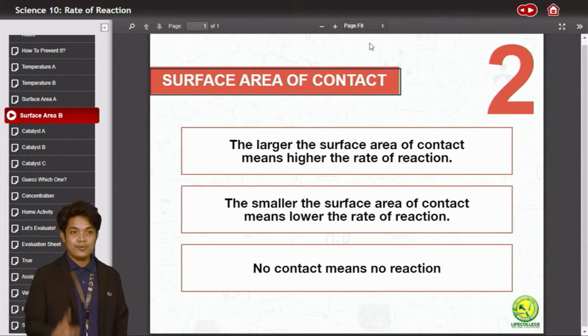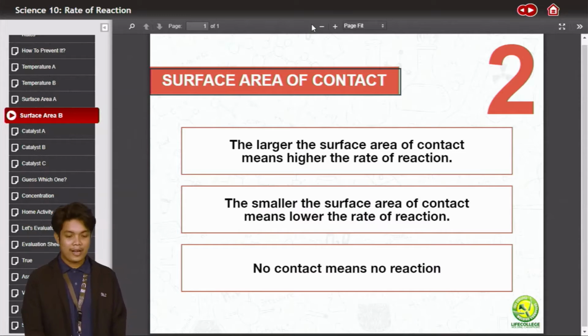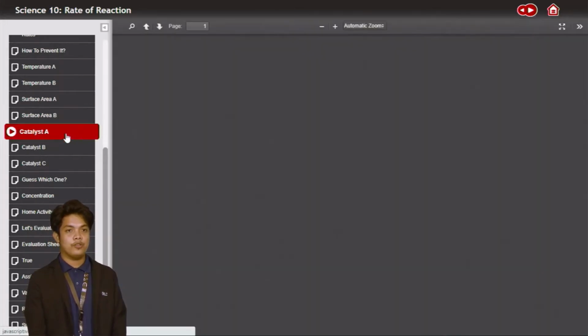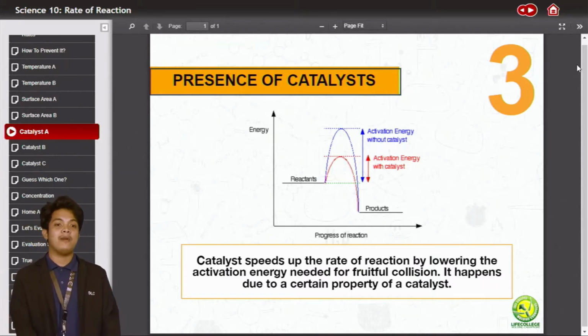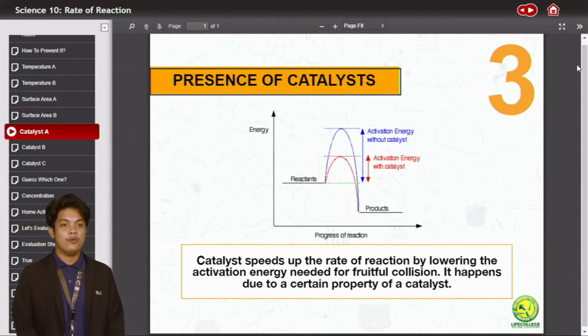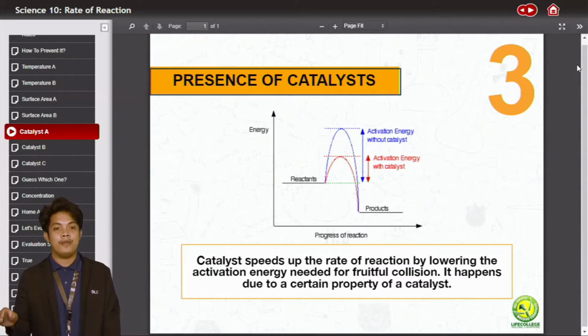Now let's move to the third part. Let's talk about how a catalyst affects the rate of reaction. A catalyst speeds up the rate of reaction by lowering the activation energy needed for fruitful collision. It happens due to a certain property of a catalyst.